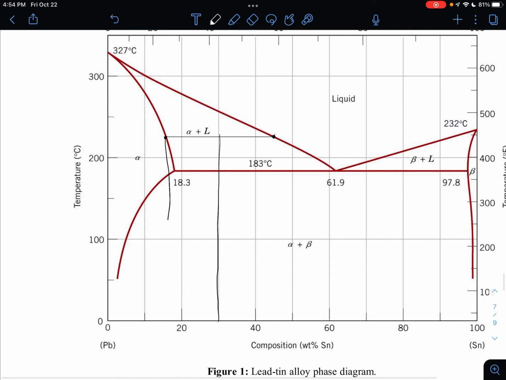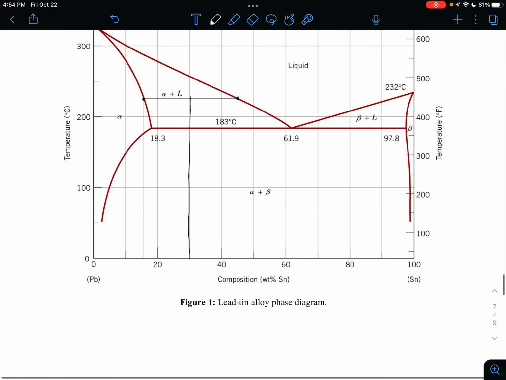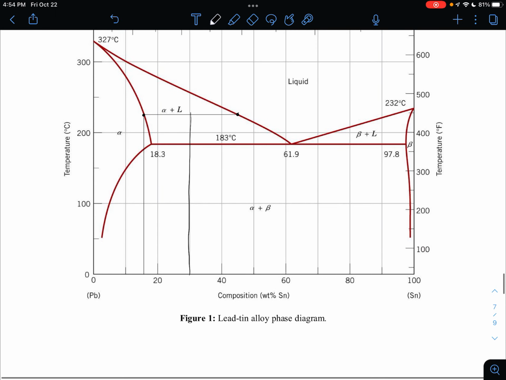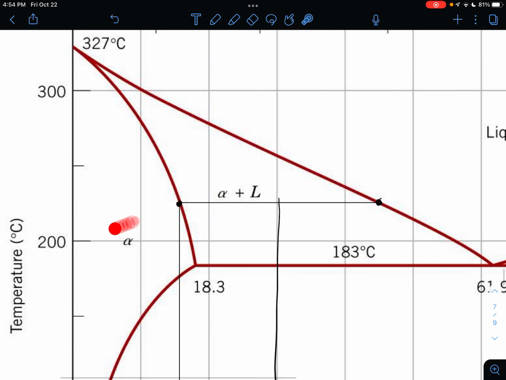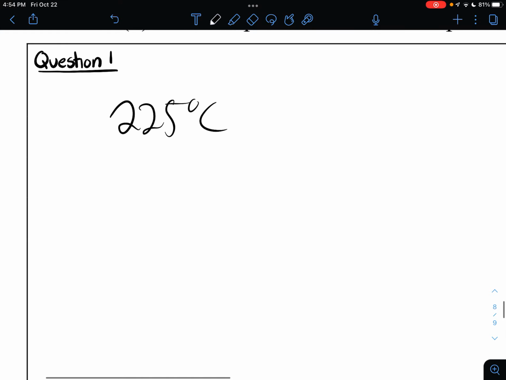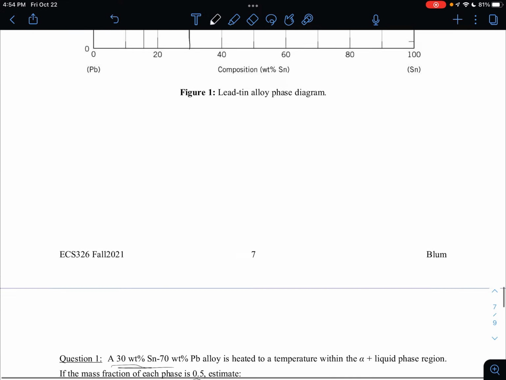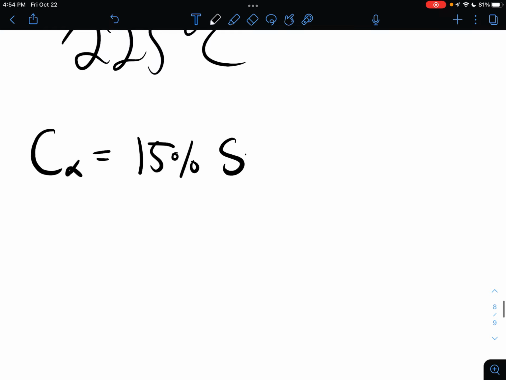So we drop down all the way to the axis to get about 15%. So our alpha composition, because we're intersecting with this alpha region here, our C alpha is going to be about 15%. And since we're looking at the primary thing, we're just getting the percent tin.